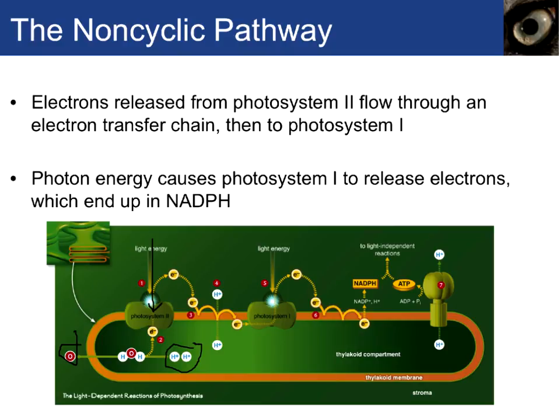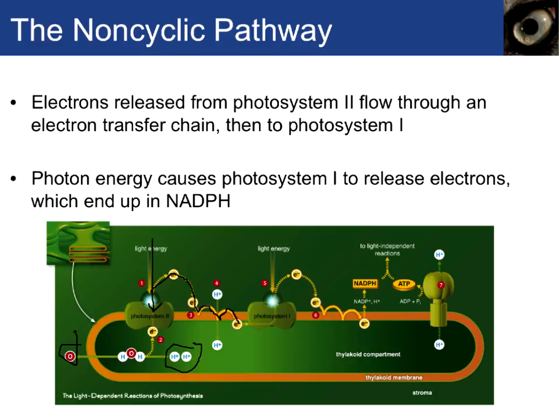So then that electron is now high energy, and it goes down the electron transport chain, and the energy from that electron is transferred and used to pump hydrogen ions across.